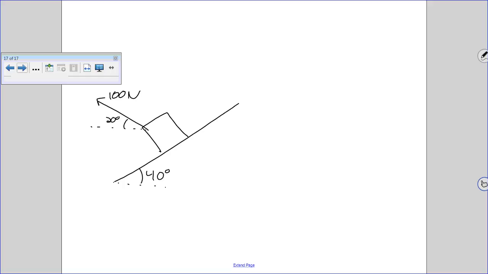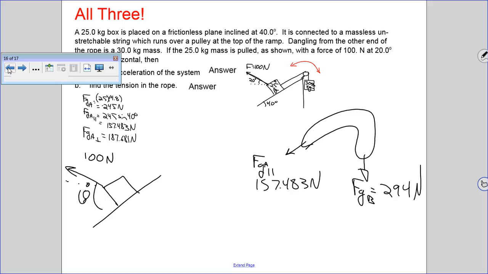Yes, because the top of the box is parallel to the ramp. If you extend this, you can see this is 40, this is 20, so you've got a total of 60 degrees. Cool.